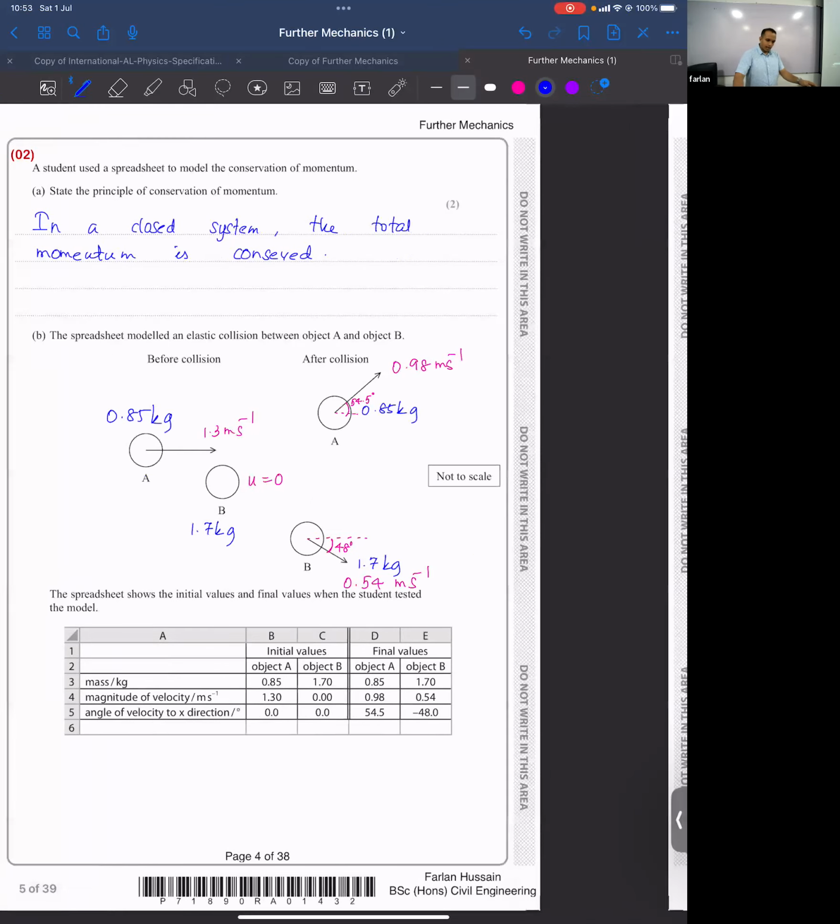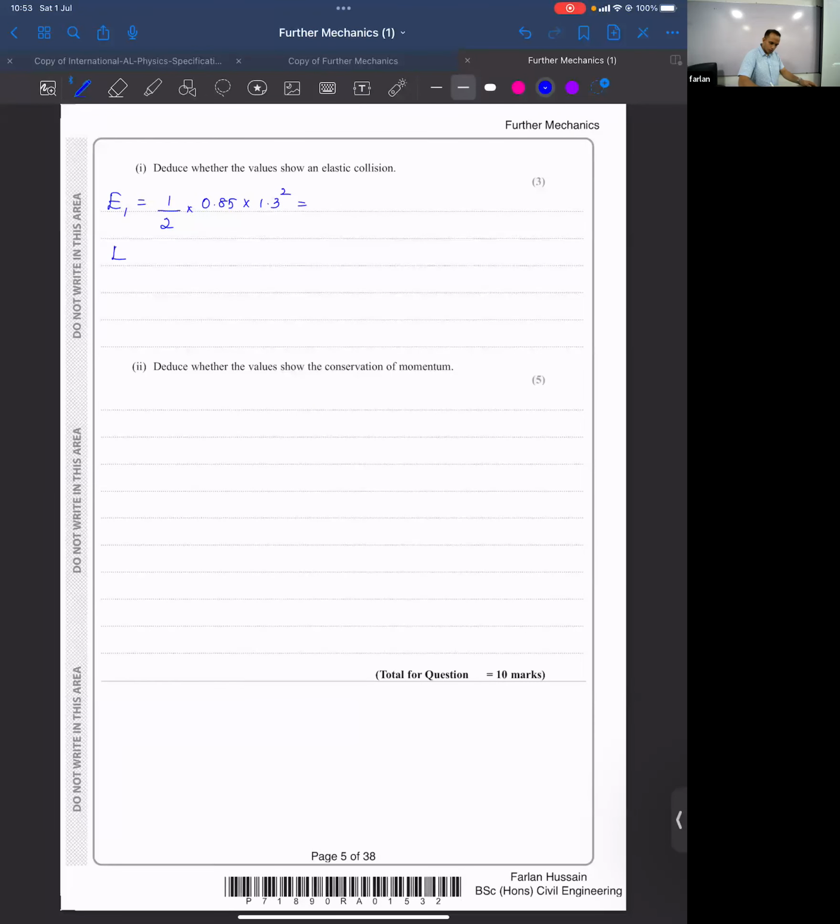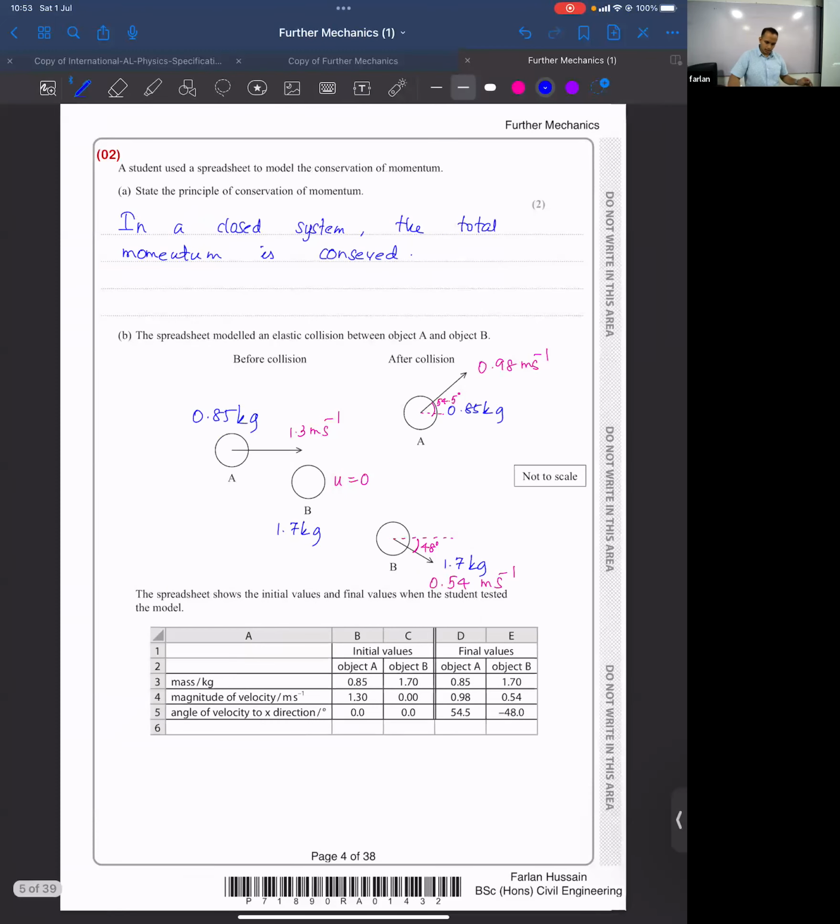And E2, the total kinetic energy after the collision: both A and B have kinetic energy.